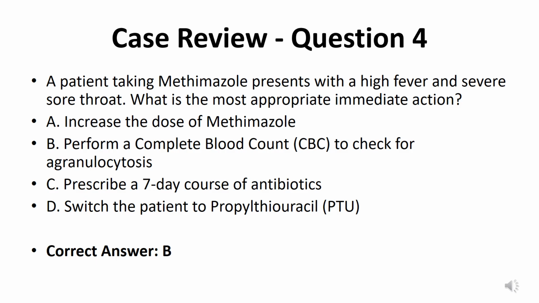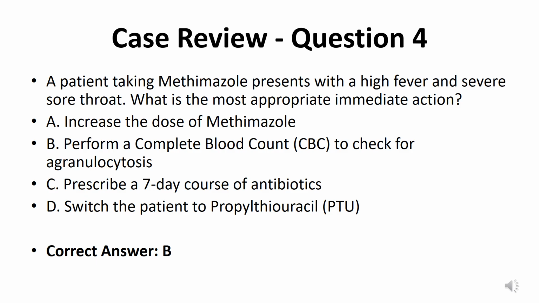The classic warning signs are sudden high fever and severe sore throat. These symptoms should immediately raise concern for agranulocytosis in any patient taking methimazole or propylthiouracil. Because this complication can progress rapidly, immediate evaluation is essential.